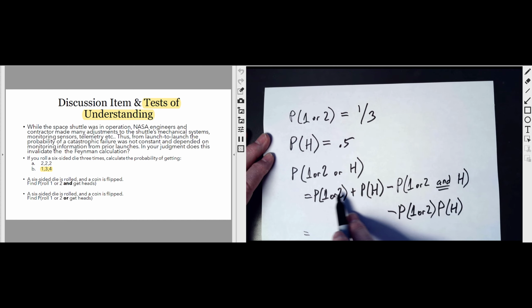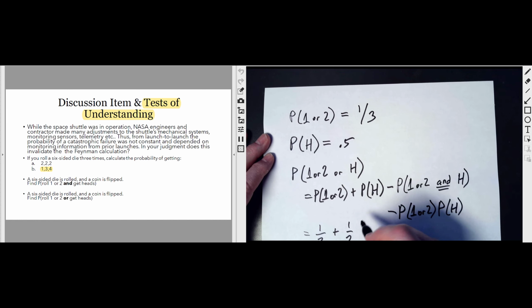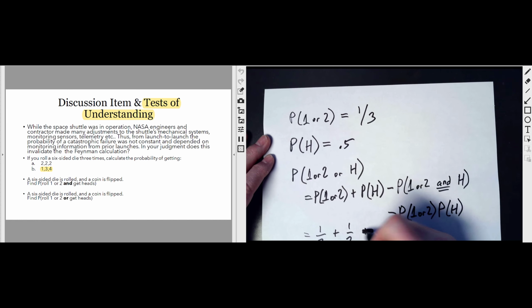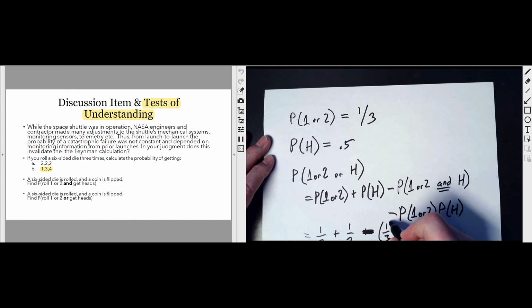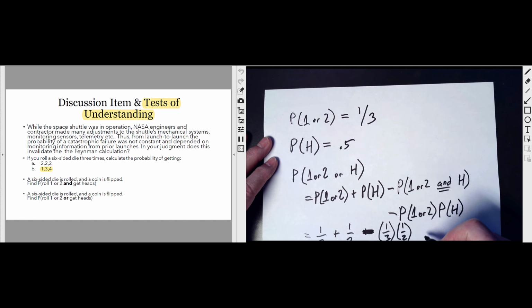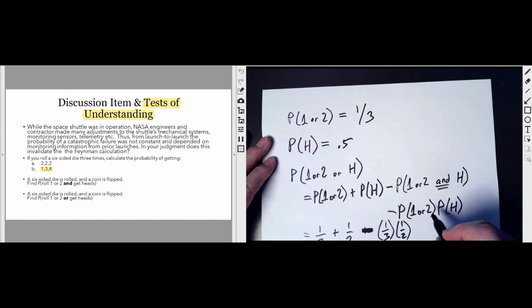So we've got the probability of getting a 1 or a 2, which is 1/3. We've got the probability of getting a head, which is 1/2. And we've got the probability, this is going to be subtracted, of getting a 1 or a 2 times the probability of getting a head. All right, so 1/3 plus 1/2 minus 1/6. That's going to give us 1/6 plus 1/2.